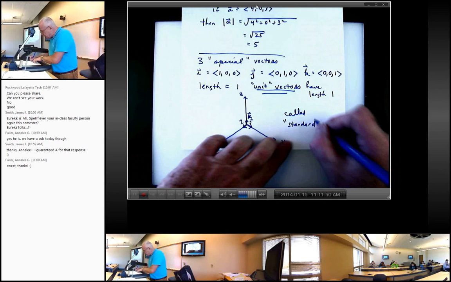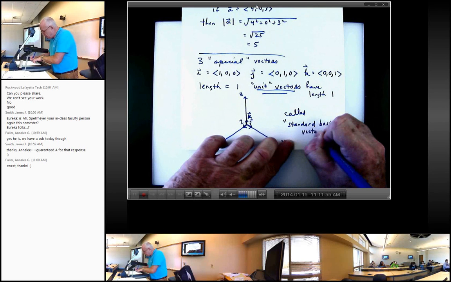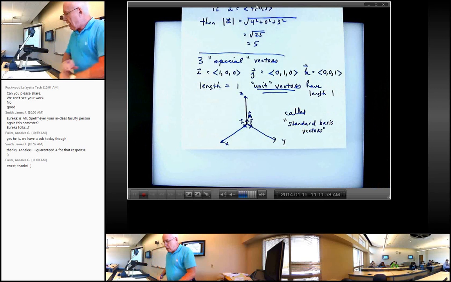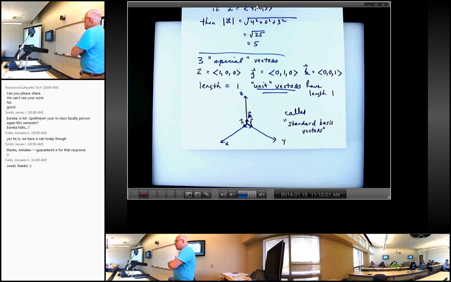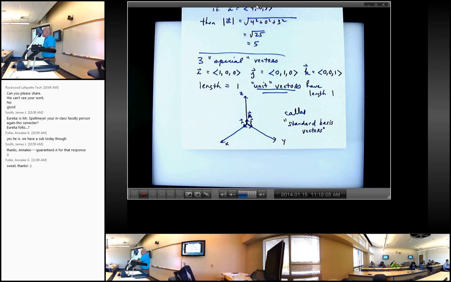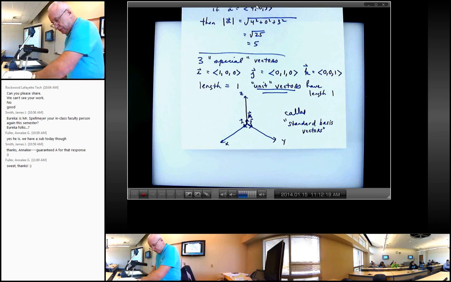So these are called standard basis vectors. The nice thing about these three little vectors is that we can take any vector and represent it as the sum of these three vectors multiplied by a number, which is why they're called basis vectors.